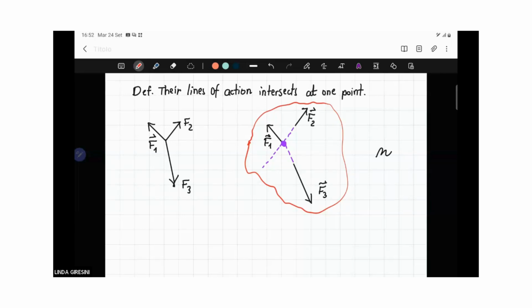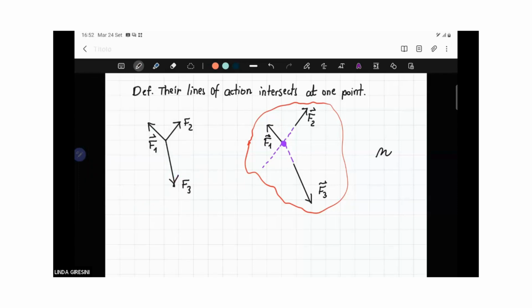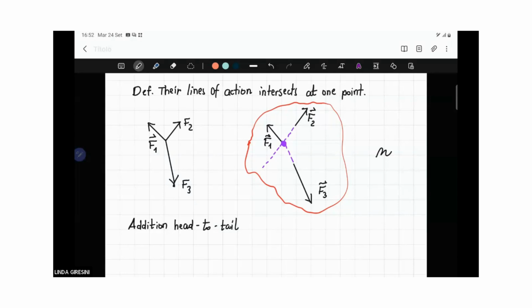It is called the head-to-tail method, or addition head-to-tail. For this method, it is important to say that you can start from any vector.